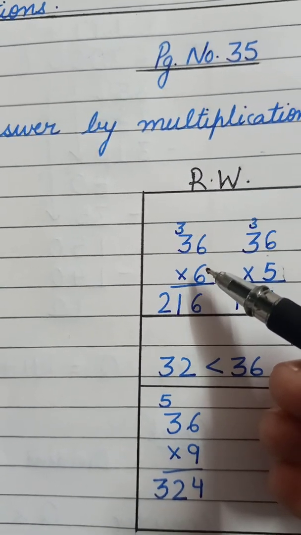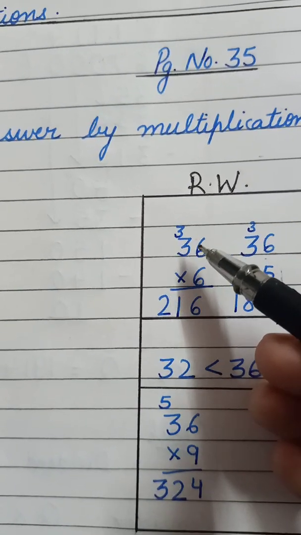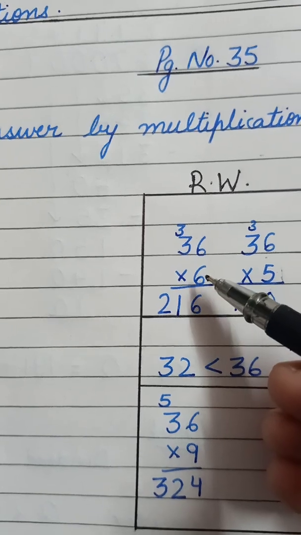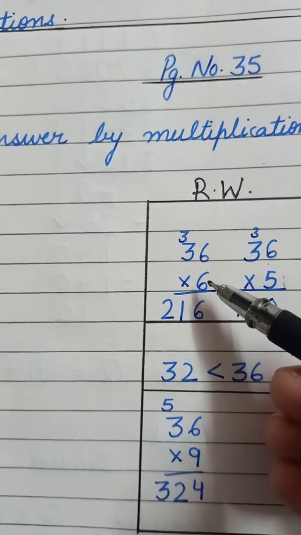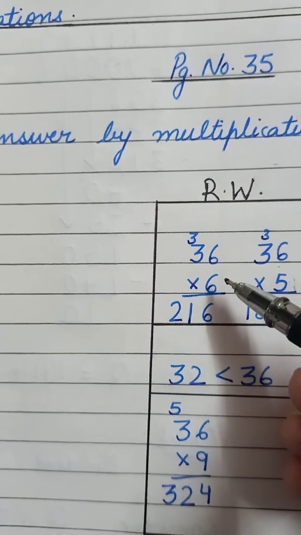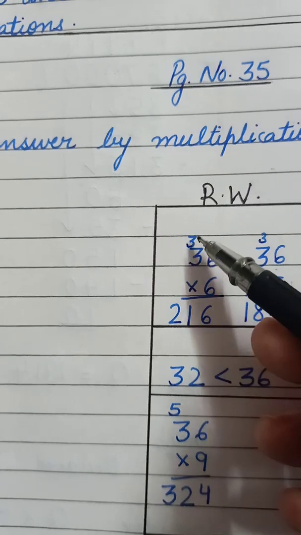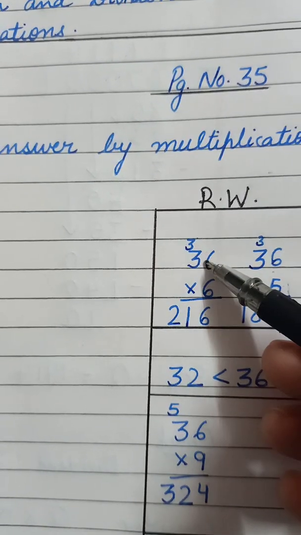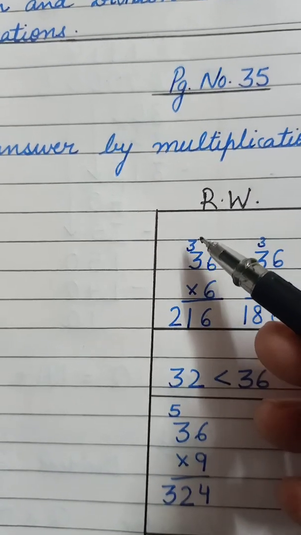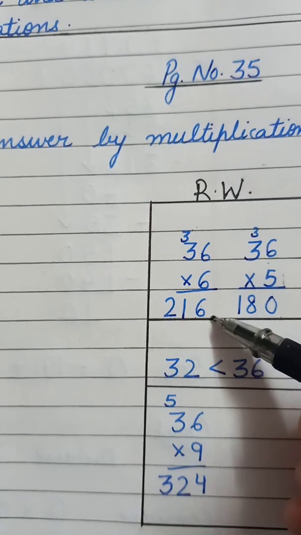Because 6 threes are 18, when you multiply 36 by 6, you will get a number greater than 180. This is our guess, right? So let's see what we get. 6 6s are 36, so 6 will be written down, 3 will be carried forward. 3 6s are 18. 18 plus 3 is 21, so the answer is 216.